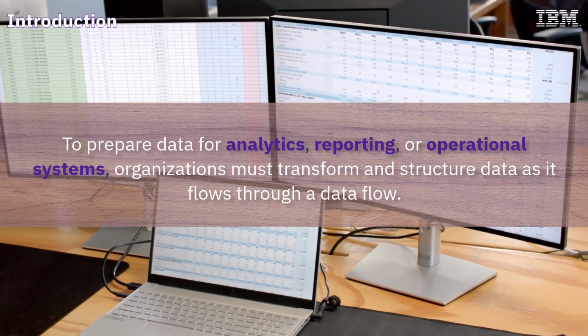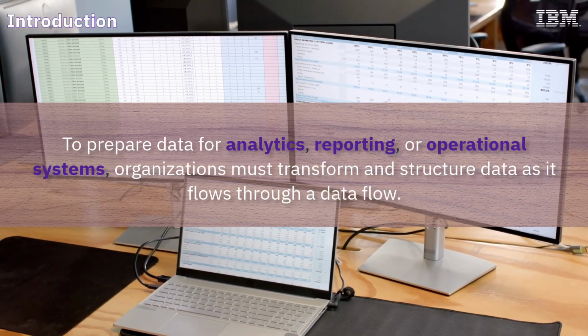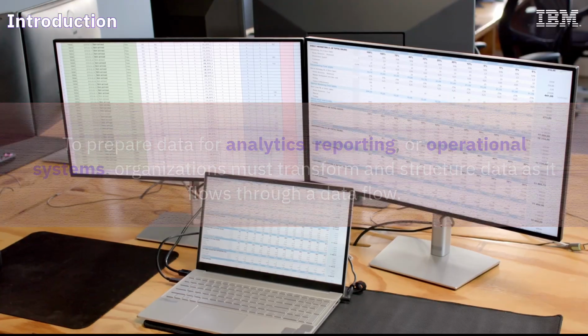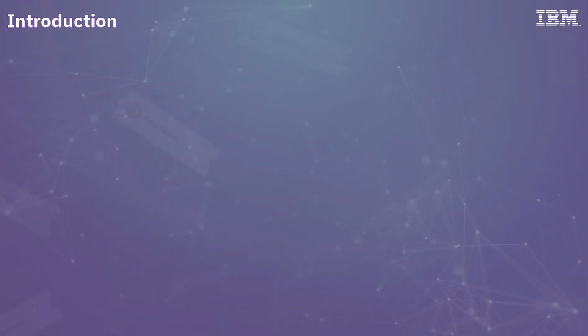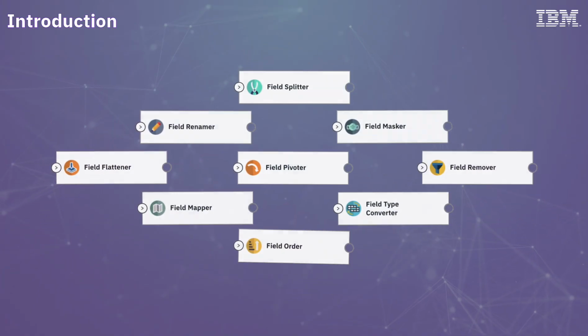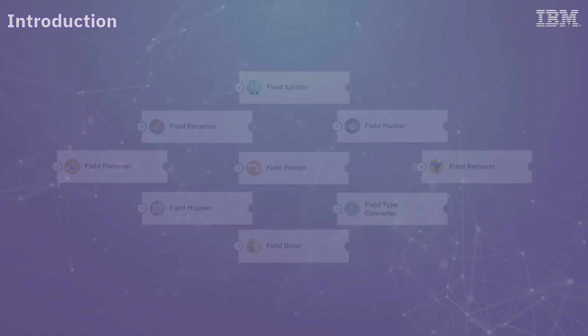To prepare data for analytics, reporting, or operational systems, organizations must transform and structure data as it moves through a data flow. Real-time streaming within watsonx.data integration provides a powerful set of field processors that help teams reshape, clean, and enrich streaming data in real time.